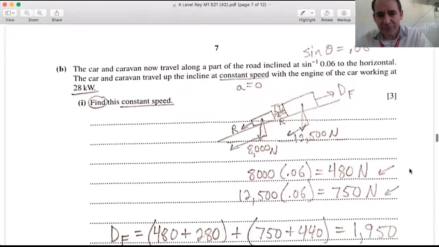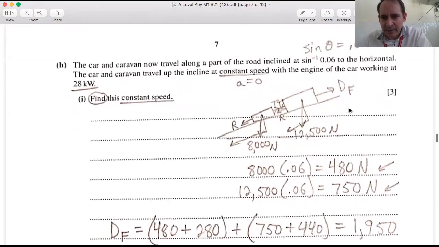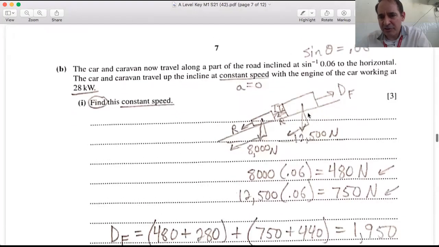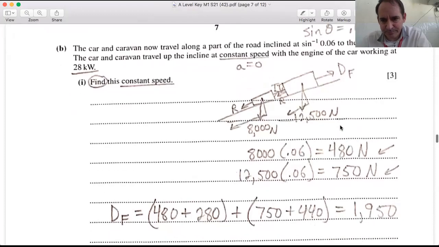Again, draw yourself a good diagram. Here's the car and the caravan with their resistance the same as before. The tension in the tow bars for each of the car and caravan, the driving force going up. Now we're dealing with a slope, so we need to resolve our weight down the slope.